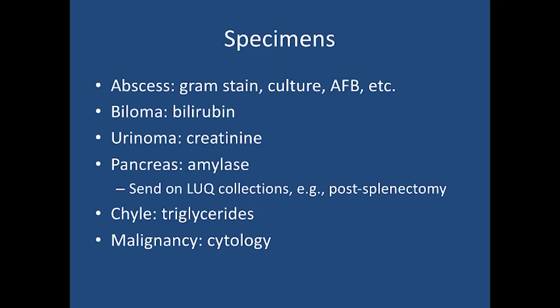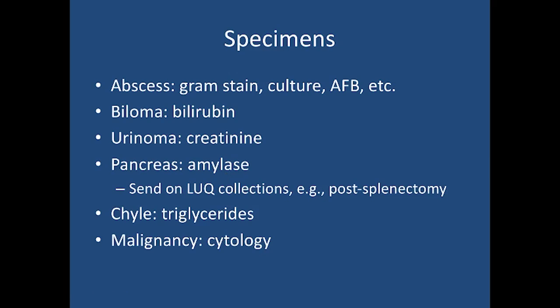It's important to consider what kind of collection you're draining in order to determine what laboratory samples to send. Obviously, with abscesses, it will be microbiological laboratory specimens. If you're suspecting a biloma, you can send a sample for bilirubin, urinoma, creatinine. For pancreas or most left upper quadrant collections, particularly after splenectomy, one should consider sending an amylase.